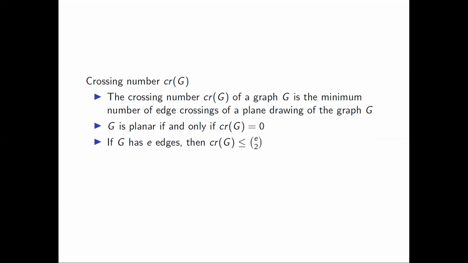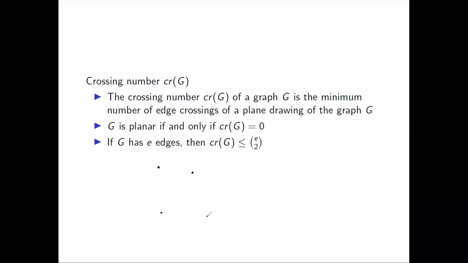And this is because if we have a graph G, we can draw G just with the vertices as points. And we can draw the edges as straight lines between the vertices, straight line segments.